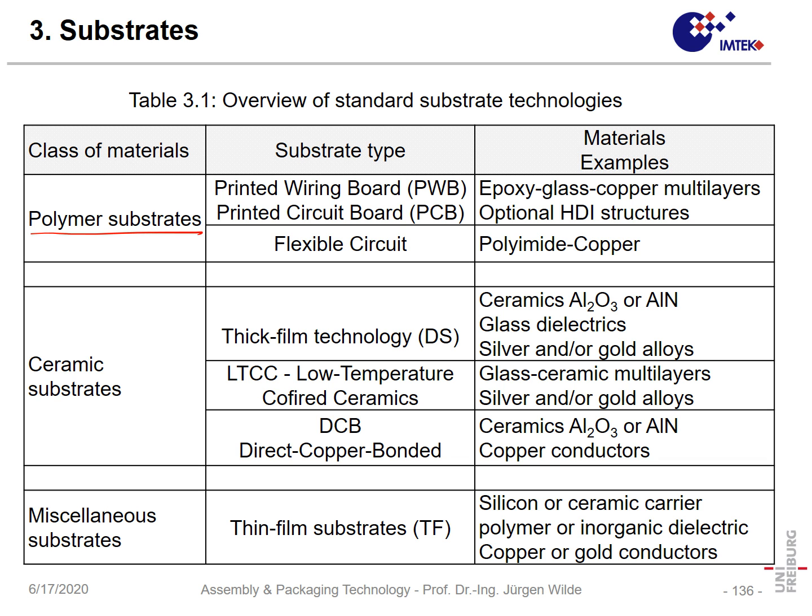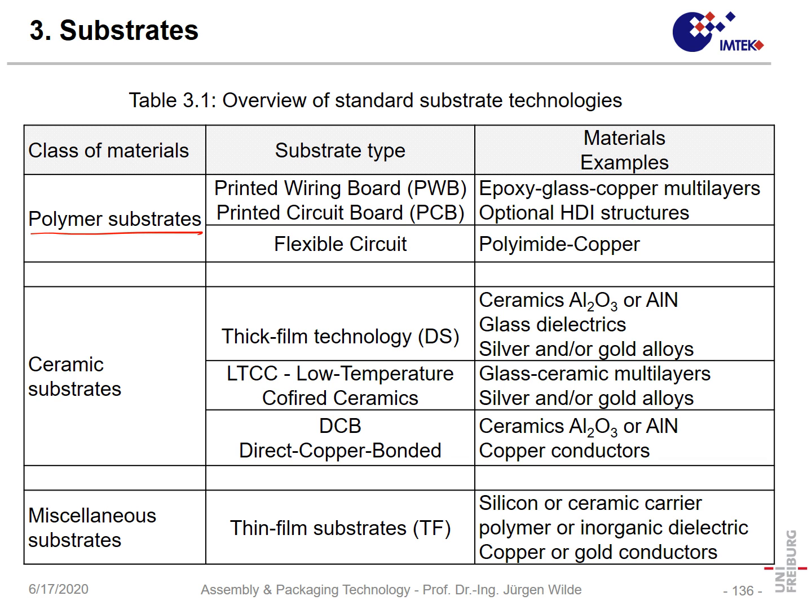And on the other hand, we can also have ceramic substrates. Here we have so-called thick film technology. We have so-called LTCC technology. That's a multi-layer technology like we had it in packages. And we have direct copper bonded ceramic substrates, which are more for power applications.